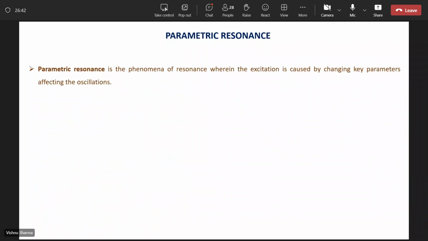See guys, so what is parametric resonance, before I show you how it is changing? Parametric resonance is the phenomenon of resonance when excitation is caused not by an external push, but by changing key parameters affecting the oscillations. And in case of ships, the key parameter is the GM.